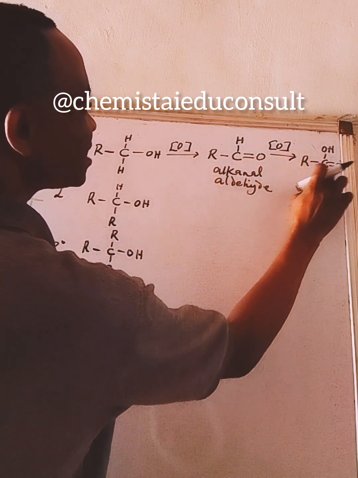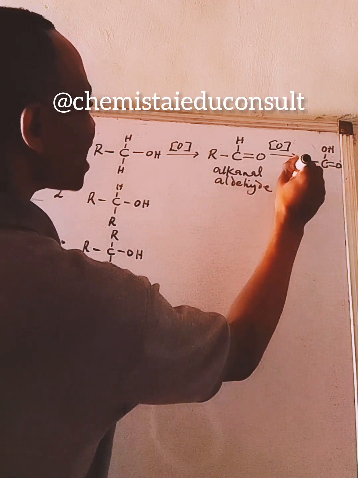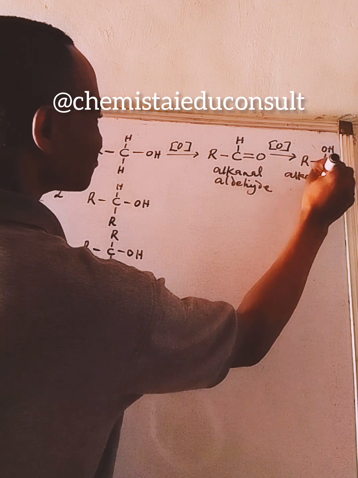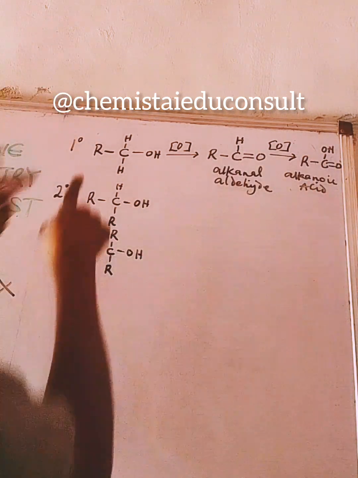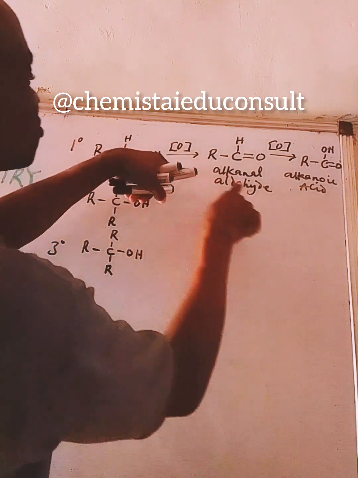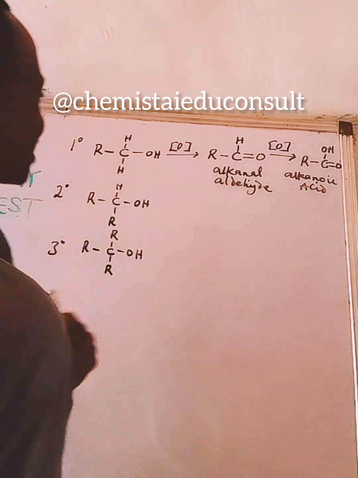While this one having COOH functional group is called alkanoic acid. So, primary alkanols can be oxidized to alkanal, and further oxidation leads to alkanoic acid.